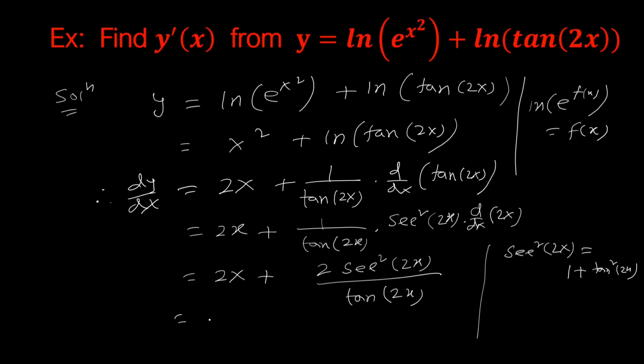So therefore we will get 2 over tan 2x plus 2 tan 2x, which can be written as 2 over 2 cot 2x.